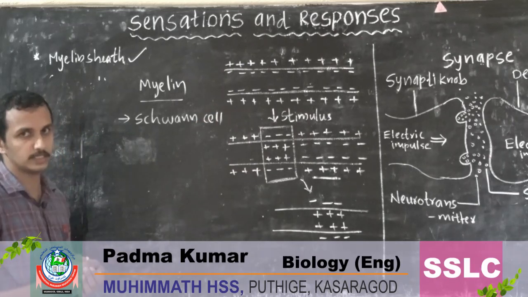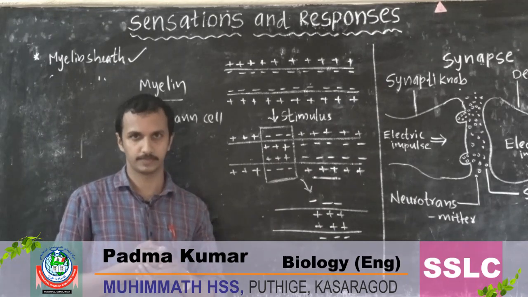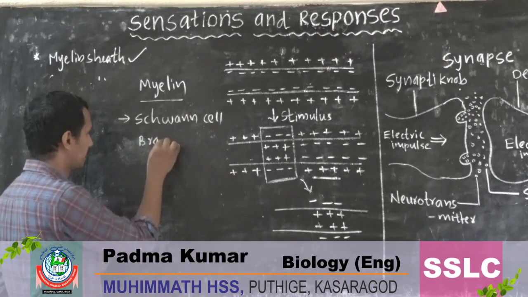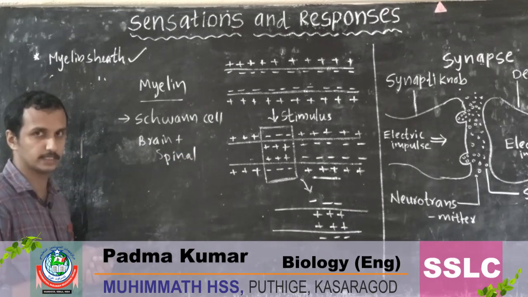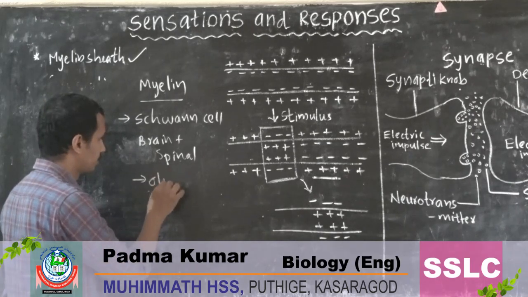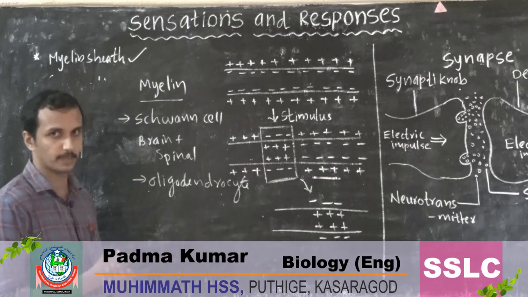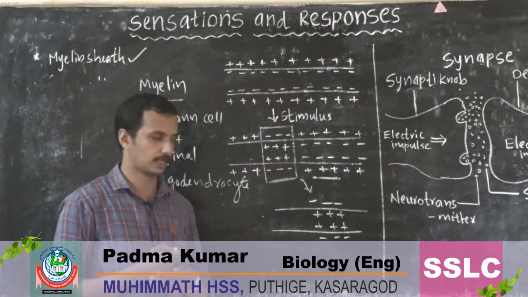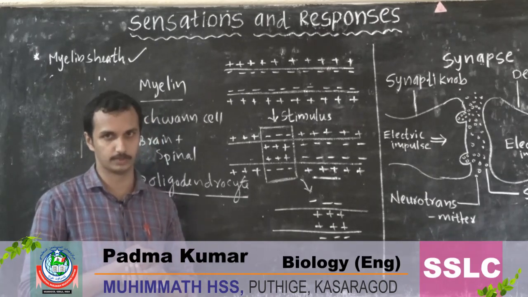And in the case of the brain and spinal cord, the myelin sheath is formed from a special type of cell called an oligodendrocyte, which is present in the brain and spinal cord.